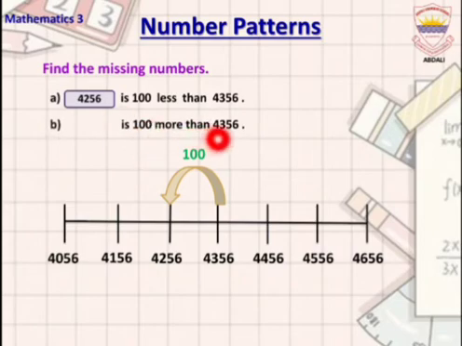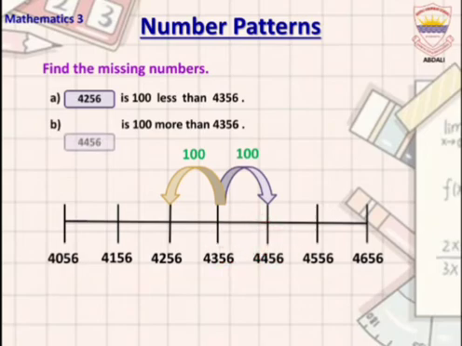Now students, let's solve our second part, part B: 100 more than 4356. More than means we add 100. When we add 100 to 4356, tell me students, what do we get?